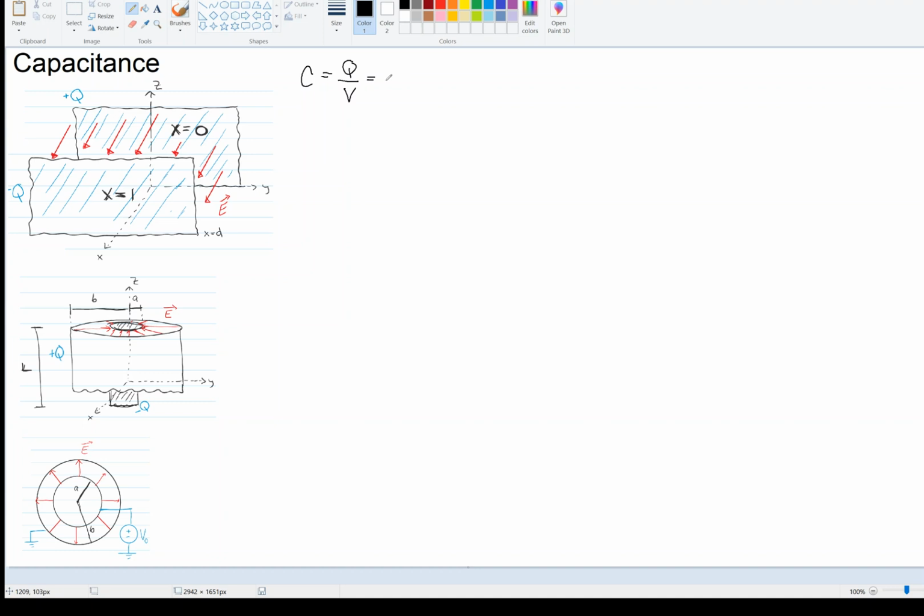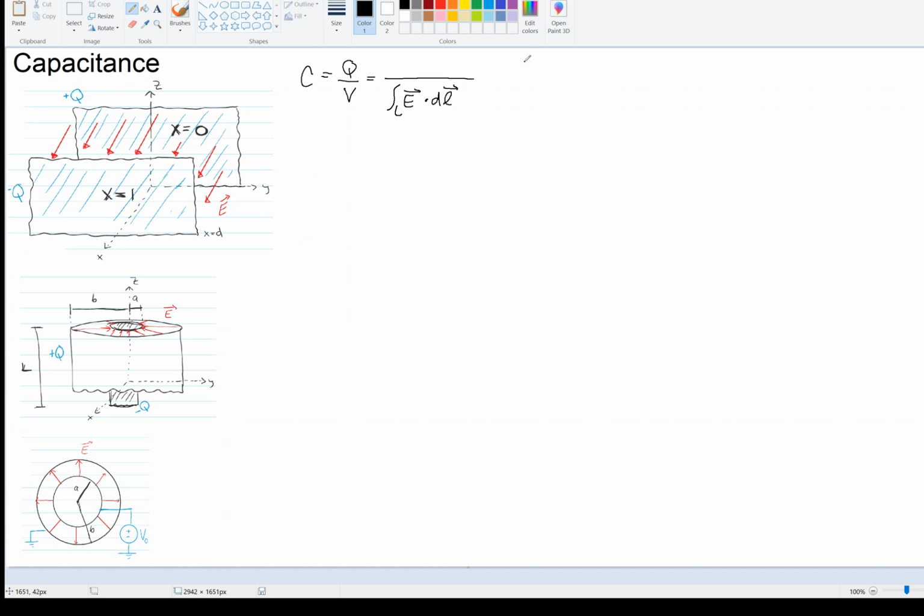The voltage on the bottom is the integral of E dot dl. I'm going to drop the negative sign because the capacitance is positive, and Q, the numerator, can be positive or negative, so we speak in terms of absolute value. For the charge, recall that the electric field is normal to the surface of a conductor, and the electric field inside a conductor is zero.